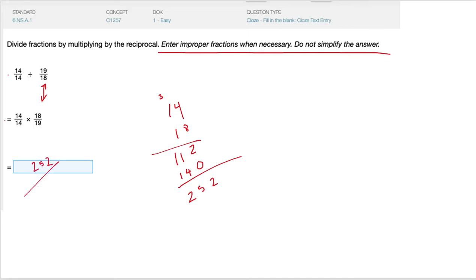And then 14 times 19. 9 times 4 is 36, 1 times 4 is 4, 1 times 1 is 1. So we end up with 266 on the bottom.